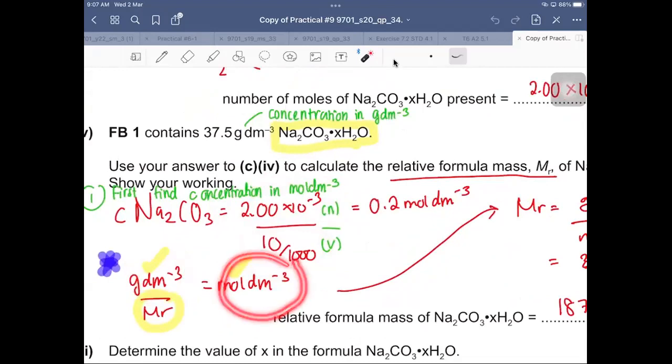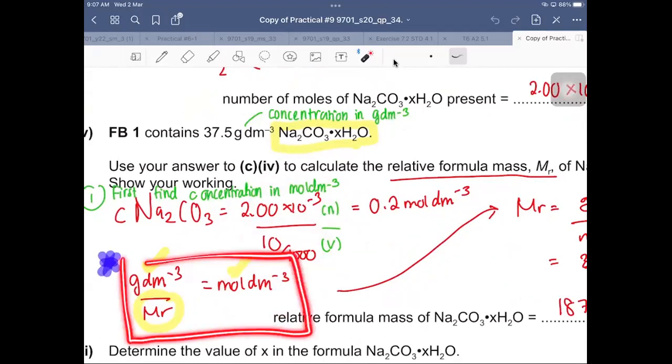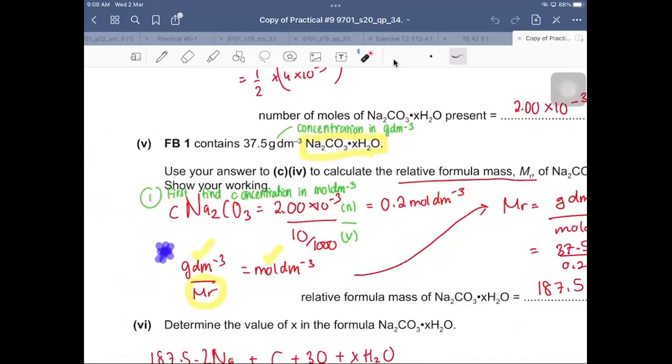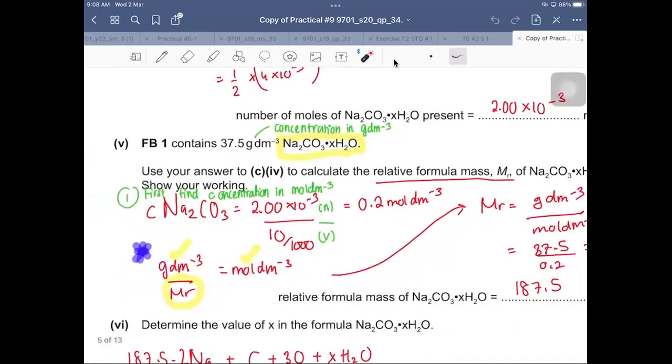Okay, so if you know the concentration in grams per dm cube, and you can find the concentration in mole per dm cube, there is a formula that you can use that includes the MR term. Okay, if you take your concentration in grams per dm cube divided by the MR, you see here grams is mass over MR, you get mole. Okay, so then rearranging this will give you the MR of the sodium carbonate with XH2O.